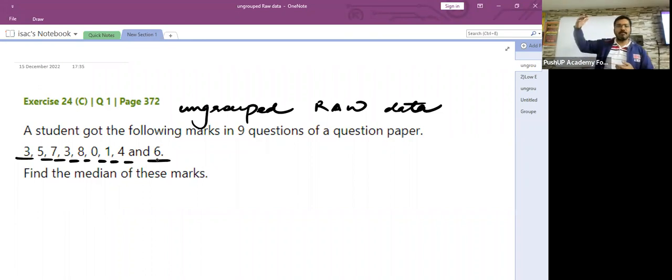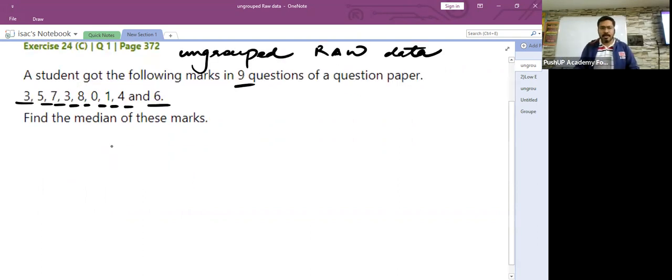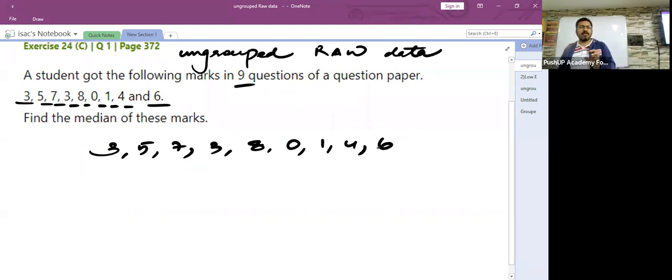What is the total number of questions given to him? 9, isn't it? So, what are the marks scored by this child? It is 3, 5, 7, 3, 8, 0, 1, 4, and 6. These are the marks scored in 9 different questions given to a child.